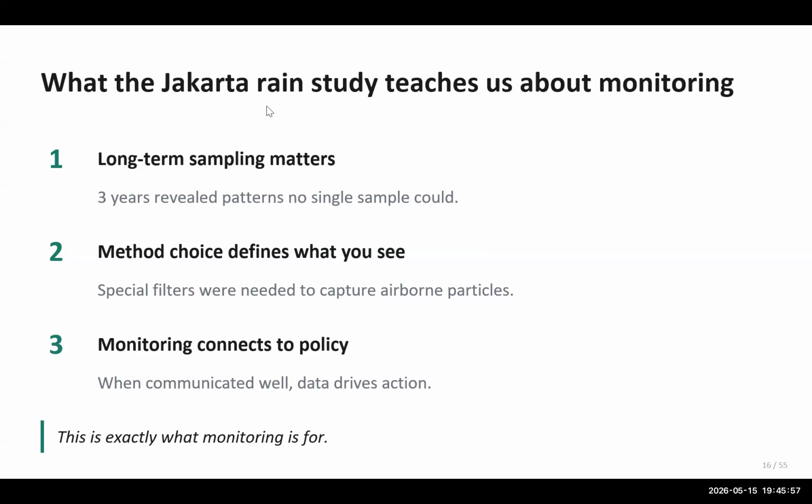In this case, for example, the researcher Córdoba used special filters designed to capture the particles floating in the air or in the rain. But with another technique, maybe he could not see anything. And number three, monitoring connects to policy directly. When the data is communicated well, governments will act accordingly. This is exactly what monitoring is for and why it's so important.